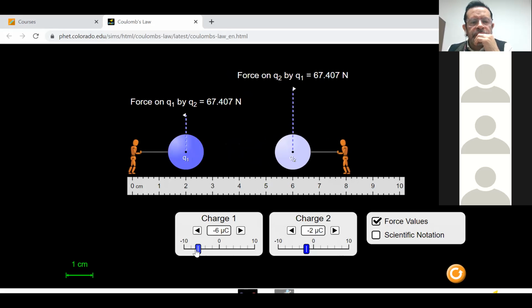The original values were, oh, there we go. Now they're going to be repelling each other because they're the same. The force is going to be the same because the values of the charges and the distance are the same, but it's going to be repelling. Okay, this is a visual representation of Coulomb's law.